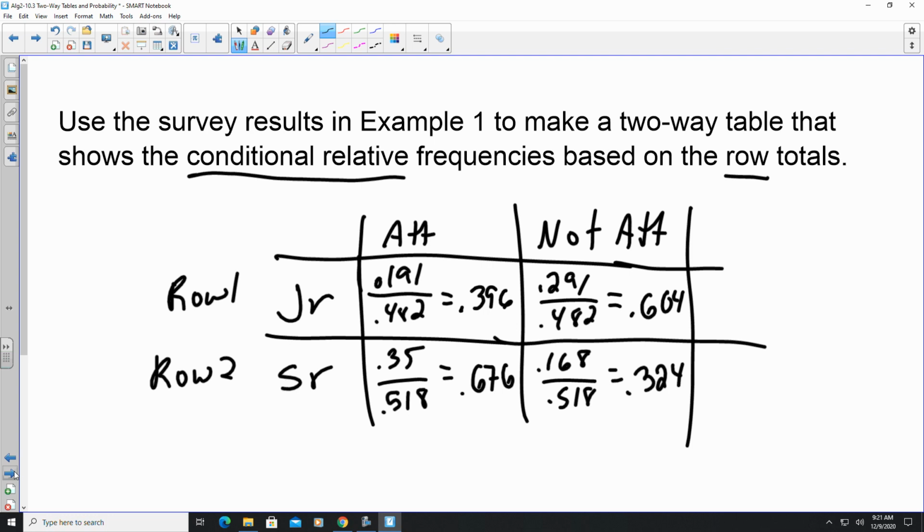So for instance, if I were to look at this particular stat, if you were to convert it to percentages, this would be 60.4%.